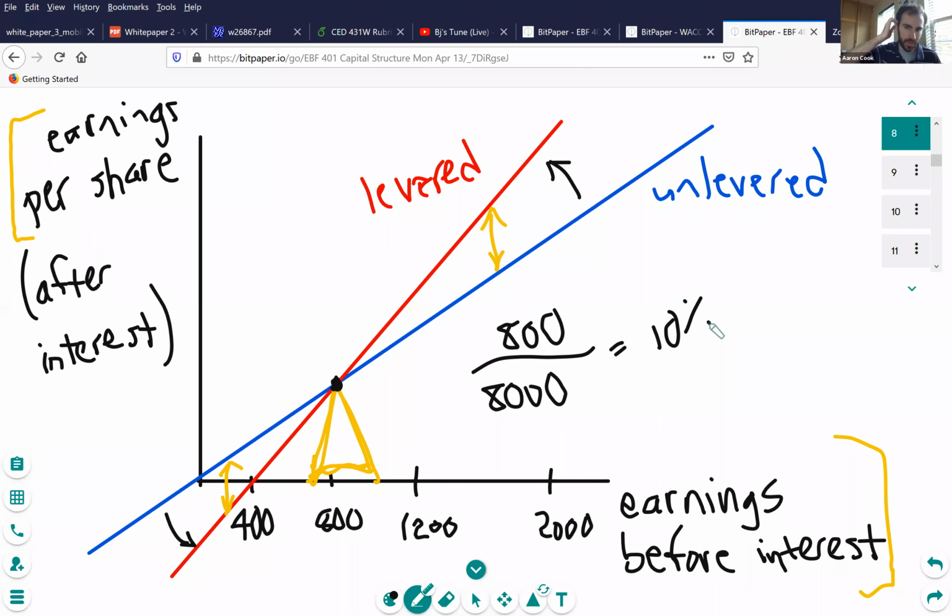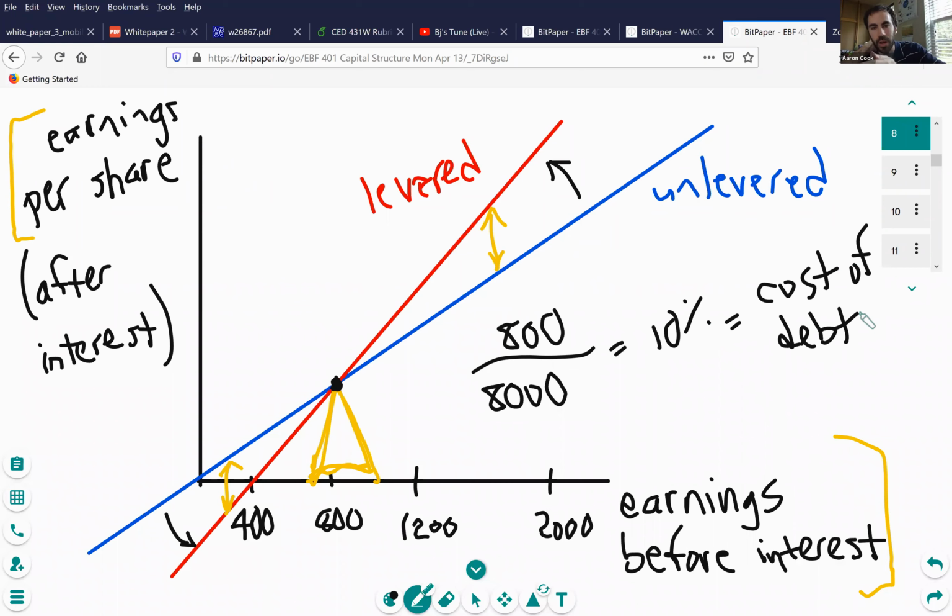So that's like a 10% return. And if we remember from the parameters of this problem, this 10% was equal to the cost of debt. So essentially, this $800 represents the point at which you're earning enough to make up the cost of debt. You're earning enough to be able to pay that cost of debt.